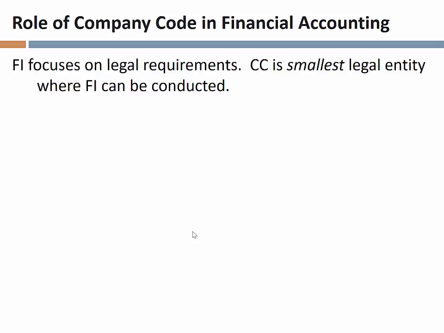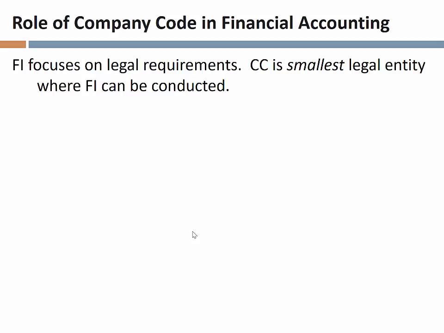For the sake of our reporting to the SEC, to the IRS, and so on, we do that based on the company code level. What this tells us is we cannot think in terms of taking a company code and chopping it into 2 different entities and having those be a valid reporting basis for our legal requirements. If you look at your organization and say, we really could split our company in half, and it really is 2 independent companies, if that's the situation we face, those should be different company codes.